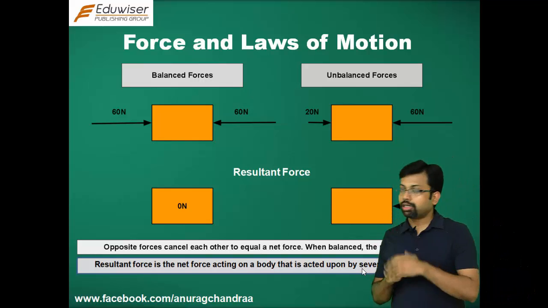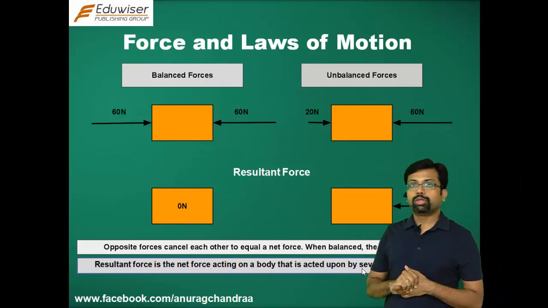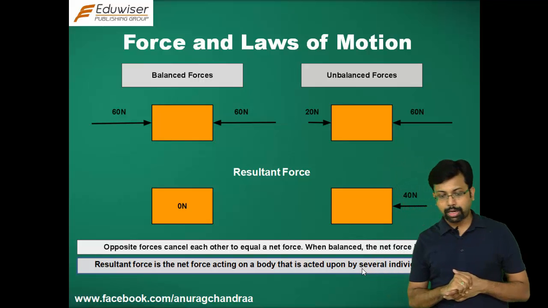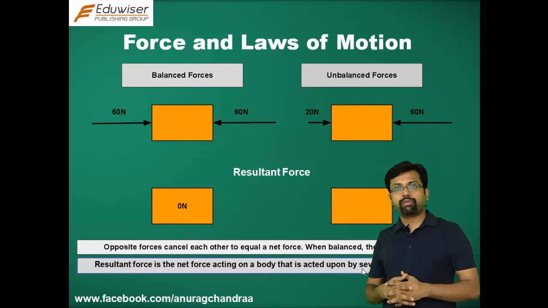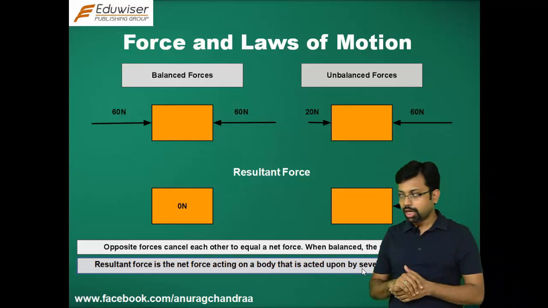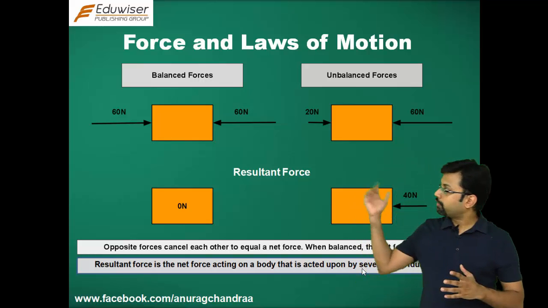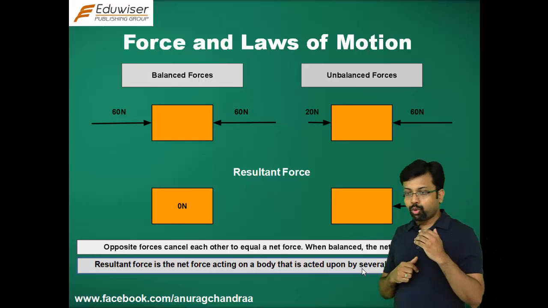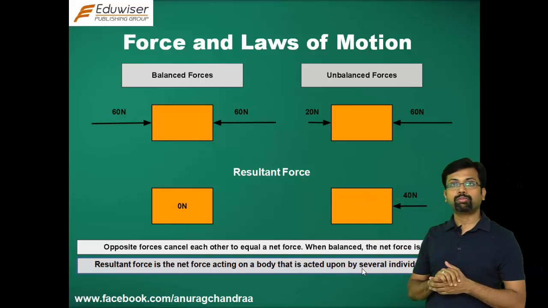In the next figure that you can see, which is unbalanced forces, an object can be acted upon by various number of forces or forces of different magnitudes, and then we calculate the resultant. For example, in the given example, we have a force of 20 Newton acting from one side and a force of 60 Newton acting from the other.